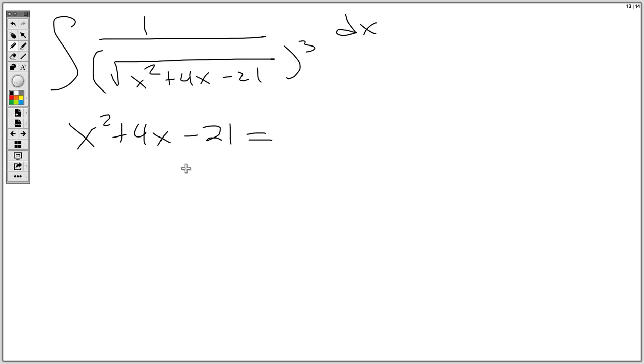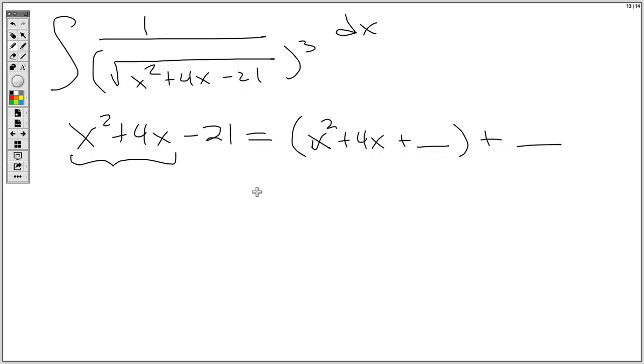I don't have a perfect square, so I have to complete the square. The first step, well, we don't have to worry about factoring out the coefficient of x squared because it's already a 1. So I just want to group x squared plus 4x plus something. And to get this to be a perfect square, I cut this in half. Positive 4, cut that in half. That's a plus 2 for a quantity squared.